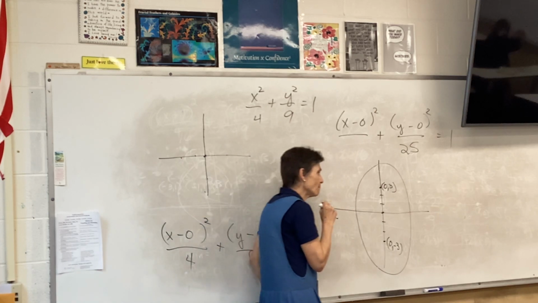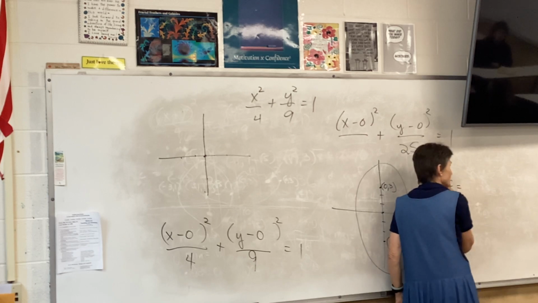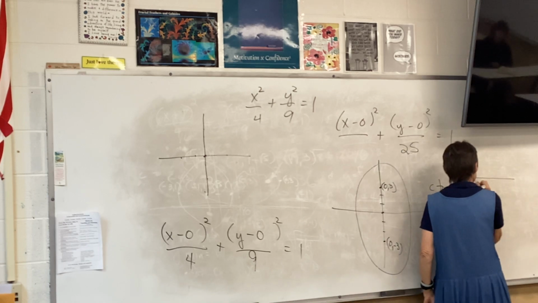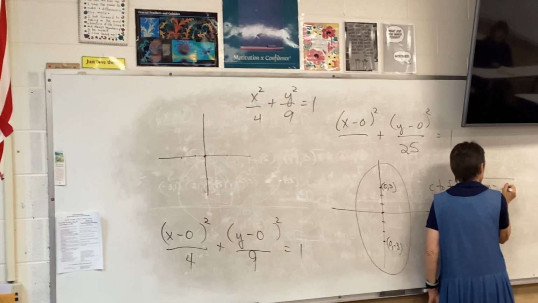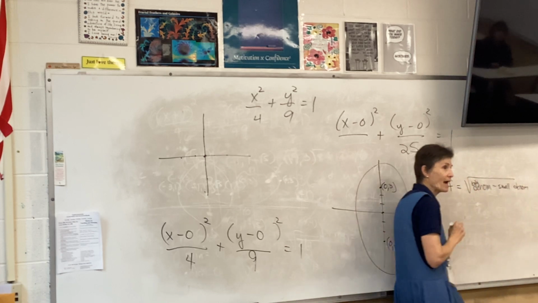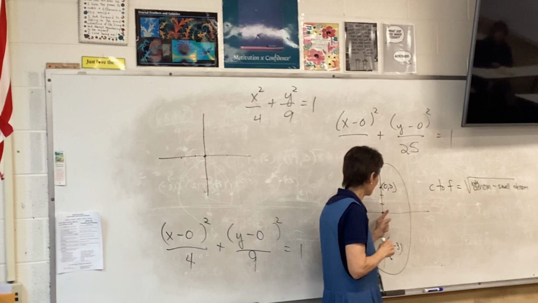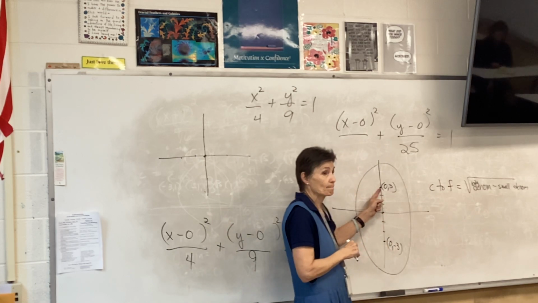Remember that the distance from the center to the focus is the big denominator minus the little denominator, square rooted. That's what we've been doing. Now, do I know the distance from the center to the focus?